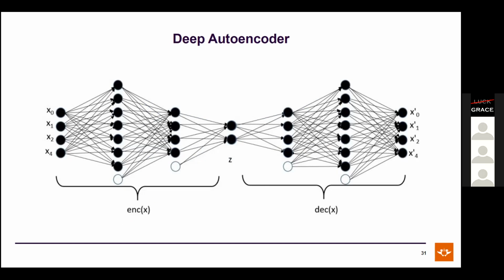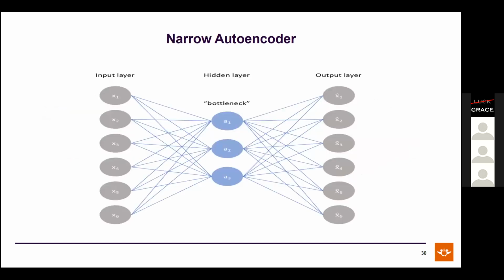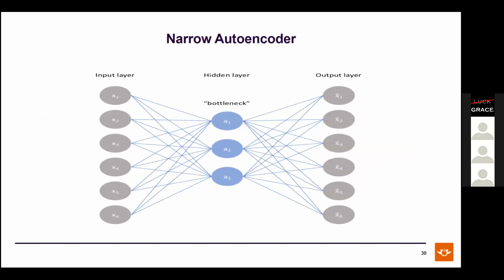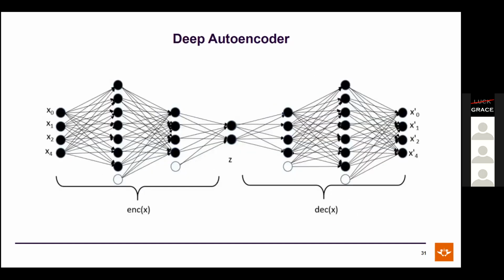Hence the difference in the architecture. One is just input, output, hidden. This one has input, output, but it has 1, 2, 3, 4, 5 hidden layers, basically. So the difference is just in the architecture of the autoencoder network. This is a deep autoencoder and this is a narrow autoencoder.